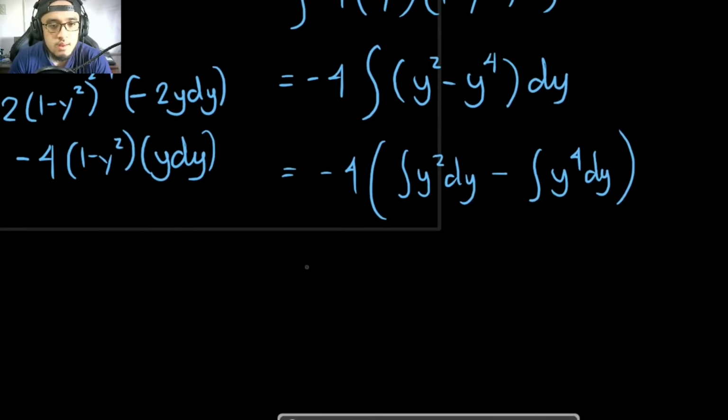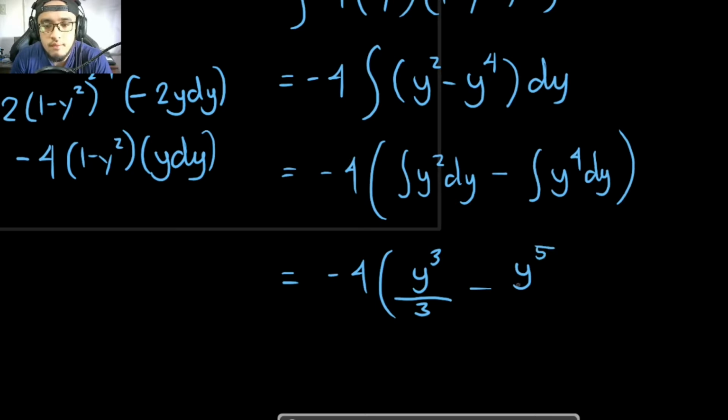So this is equal to negative 4 times, what would be the integral of this value using the power formula? That is y raised to 3 divided by 3 minus, for this one right here, y raised to 5 over 5, plus c.